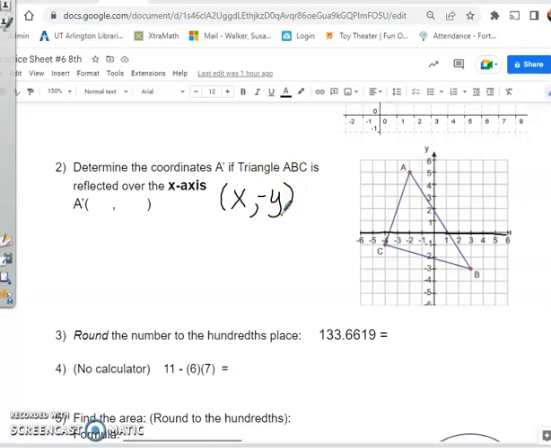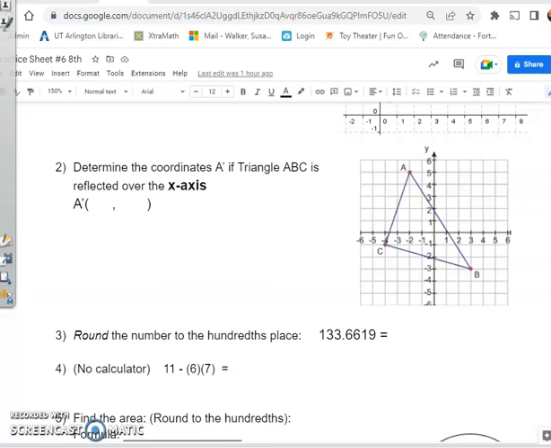So, point A is right here. 1, 2. 1, 2, 3, 4, 5. Okay. So when we reflect, this stays the same, but this right here, y, changes.